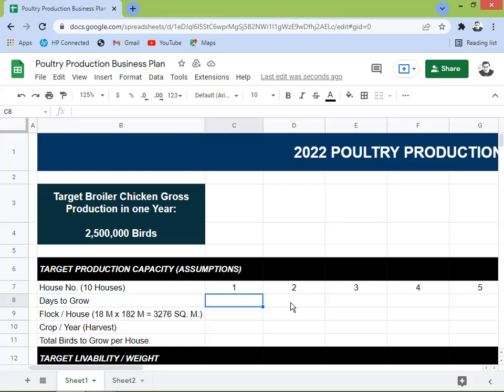But my assumption here is that we're going to grow in the Philippines and India, places with hot temperatures, maybe 30, 32, 35 degrees Celsius, especially during the sweltering heat of summer, and high humidity, 90 to 95 percent, even higher during summertime or dry season.